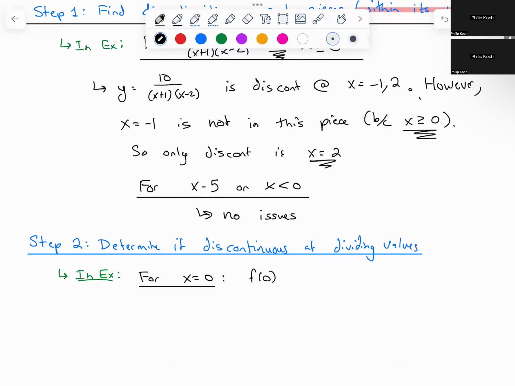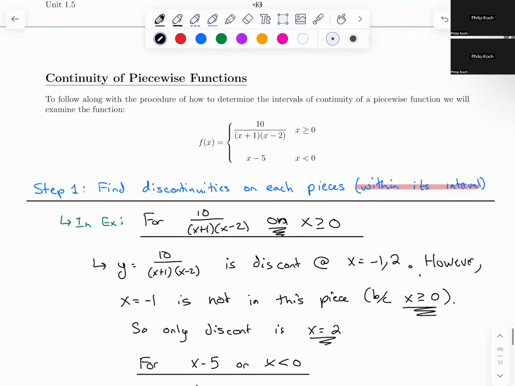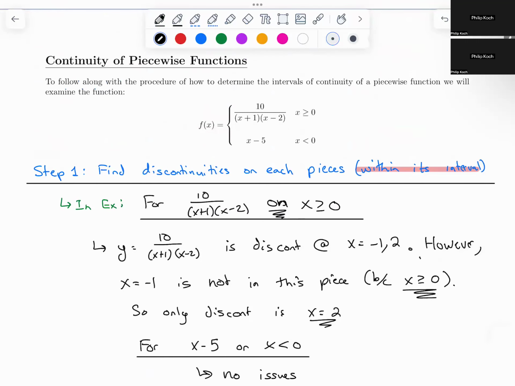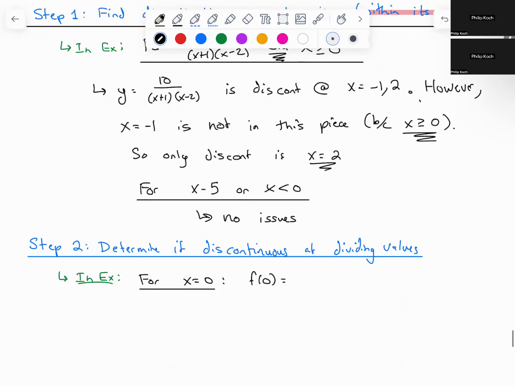F of 0 equals, which function should I use? The top one, because that's the one that's greater than or equal to 0. So we'll plug in 0 into that, and hopefully we get a number. We will, but that's going to be 0 plus 1 times 0 minus 2. That will be -5, i.e., it exists. So we know that the function exists there. F of 0 is defined.